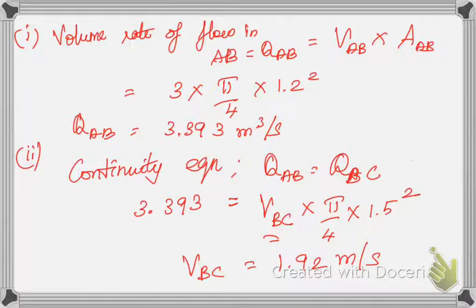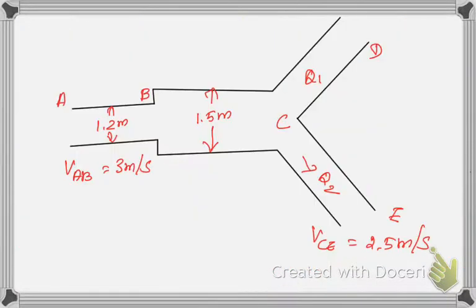Next, I have to get the value of VCD. The flow rate in the pipe CD is going to be Q1, and they have also told that 1/3 of the flow is flowing.